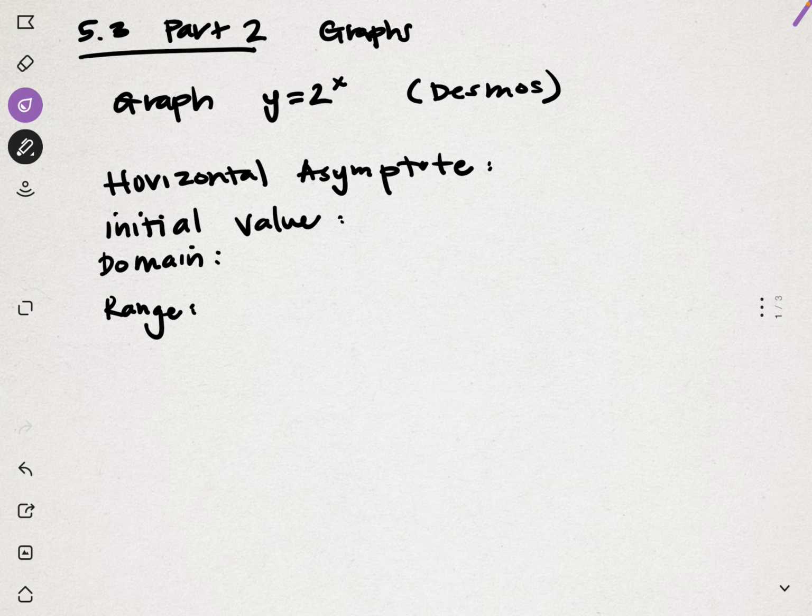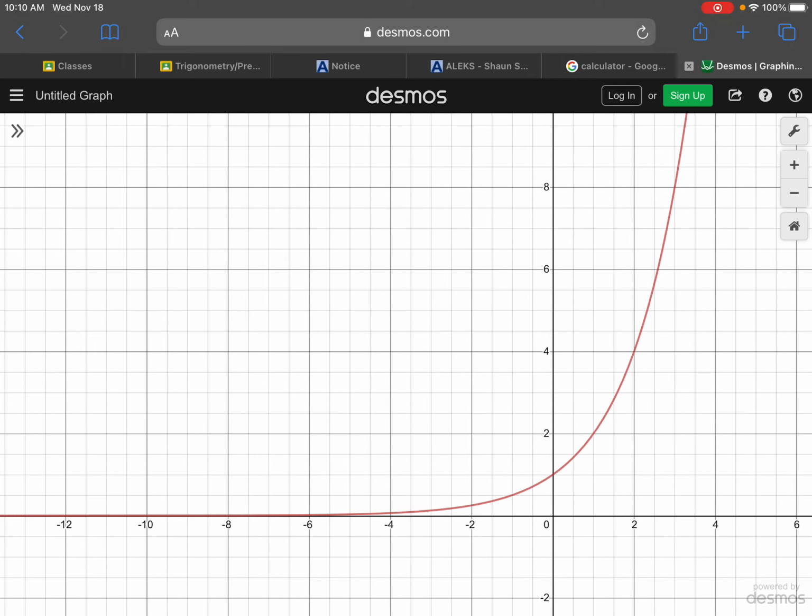It's asking us, do we have a horizontal asymptote? If we look at our graph here, our horizontal asymptote is the x-axis. Written in terms of y, we'd say y equals 0.